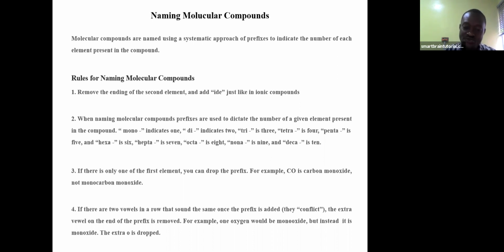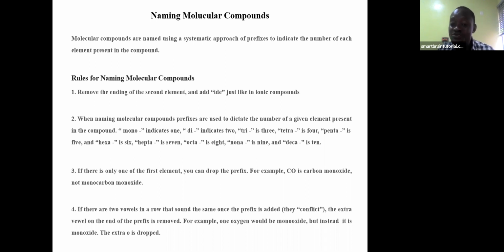If there are 2 vowels in a row that sound the same once the prefix is added, they conflict. The extra vowel on the end of the prefix is removed. For example, one oxygen will be mono. Now mono ended with an O. Oxide started with an O again.